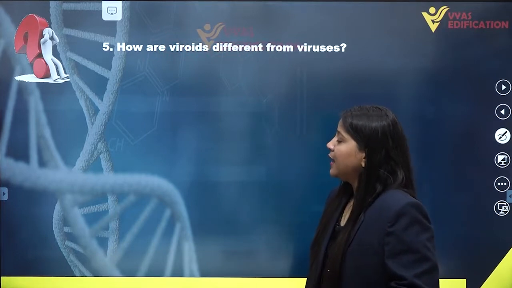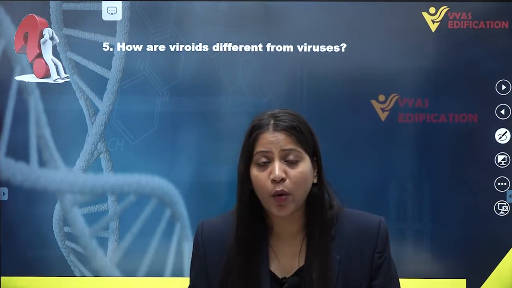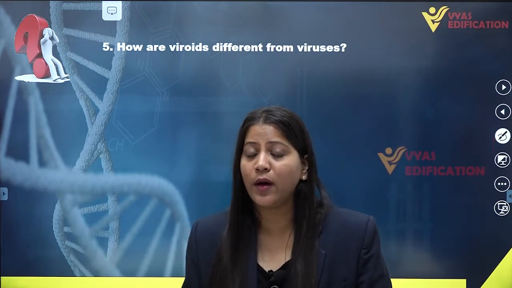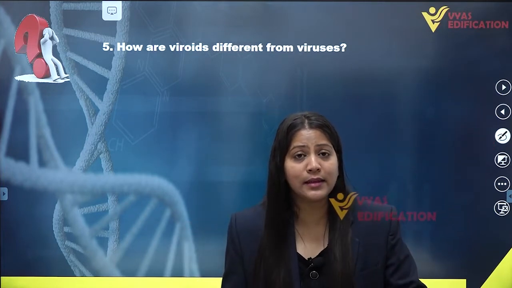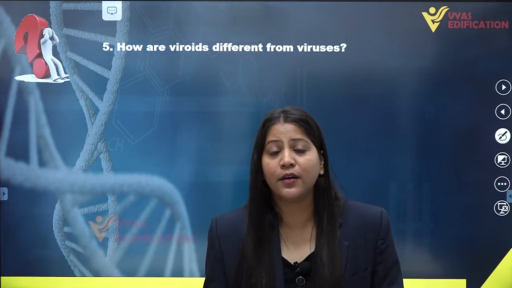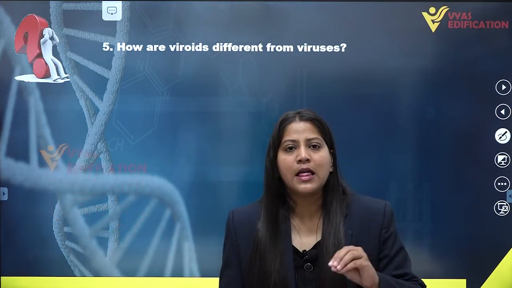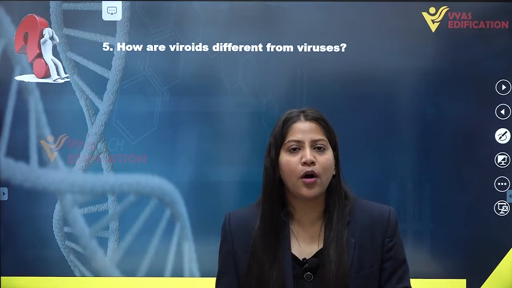Now if we want to discuss the differences between viroids and viruses, viroids have only a single circular DNA, whereas viruses have numerous DNA. In case of viroids, RNA doesn't code for proteins.